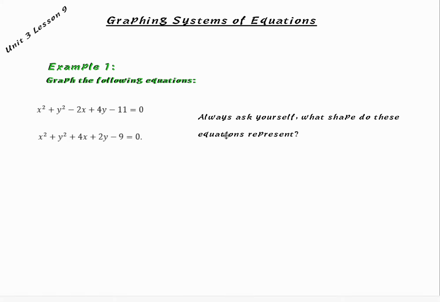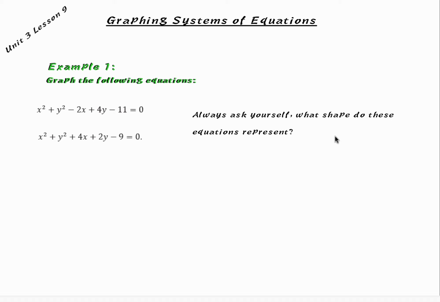And we need to always ask ourselves, what shape do these equations represent? Well, hopefully by now you realize that they are x squared and y squared, x squared and y squared. So we have ourselves two circles. But the problem is they're not in the form that we like.